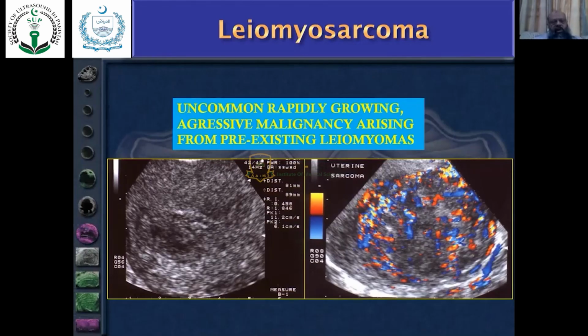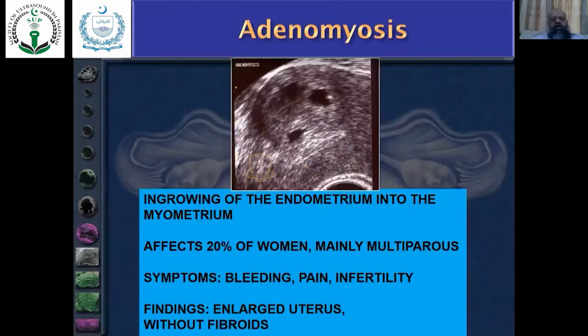So if there is any fibroid, its size will increase aggressively. But in non-pregnant women, if you get this type of excessive flow, then it will be suggestive of malignancy.